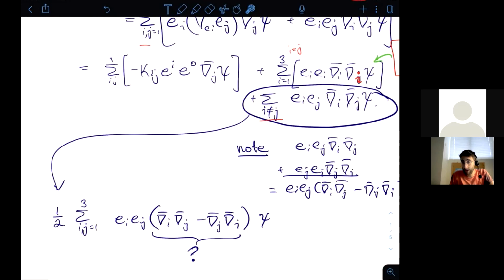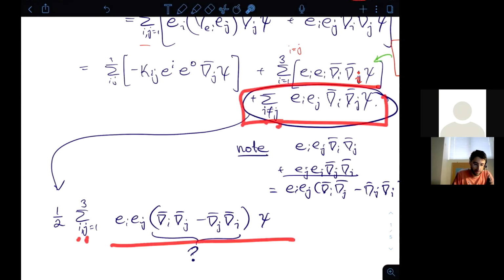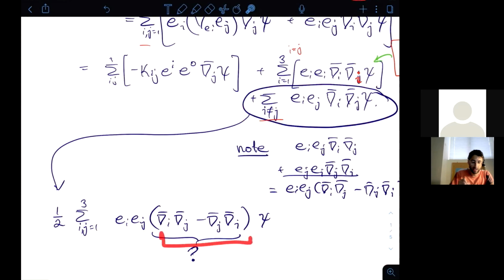Or since what I'm boxing here is symmetric in i and j, I can just sum over all i and j, but then I'm adding up things twice, so I'll put a 1/2 here. So this term summing over i not equal to j is the same as summing over all i and j of this business, e_i e_j, and then the difference of these two second covariant derivatives.